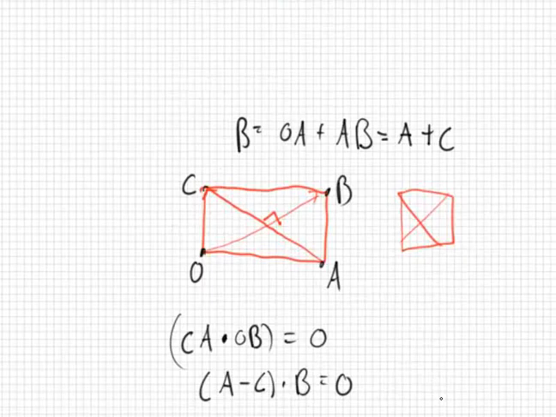Because remember, I started off by saying it is a rectangle whose diagonals are perpendicular. Now we know it's a rectangle, and then if the sides have the same length, it forces it to be a square. So if it's a rectangle, and if the diagonals are perpendicular, then it absolutely must be a square.